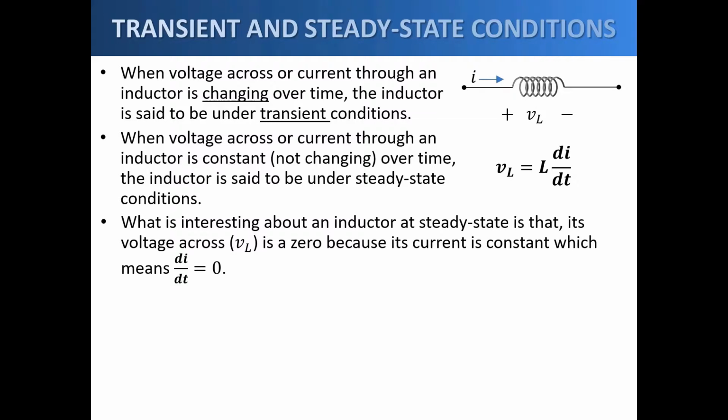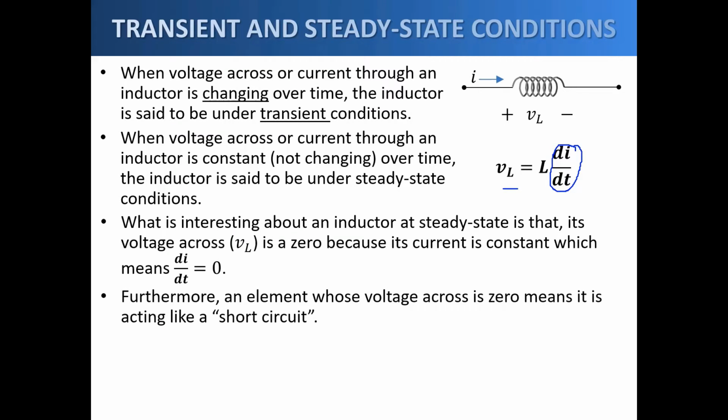Now, what is interesting about an inductor that is at steady state is that the voltage across it is zero because the current is constant. That is, if we get the derivative of a constant current, that will give us a zero. So di/dt will be zero at steady state, and therefore V sub L will be zero as well.